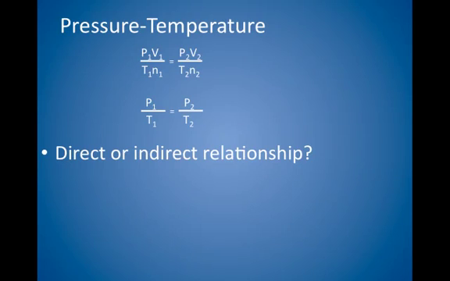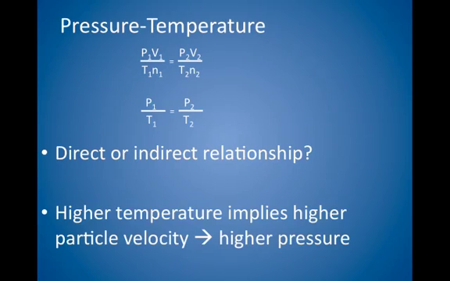So higher volume leads to higher temperature, or vice versa: lower temperature leads to lower volume. Since this mathematically sets up the same way, you're dealing with a direct relationship. If you increase the temperature, you're going to be increasing the pressure on the other side. So they're going to vary together. That's a direct relationship.